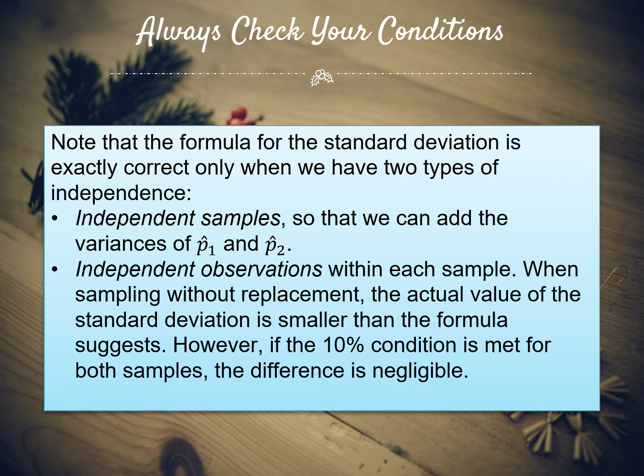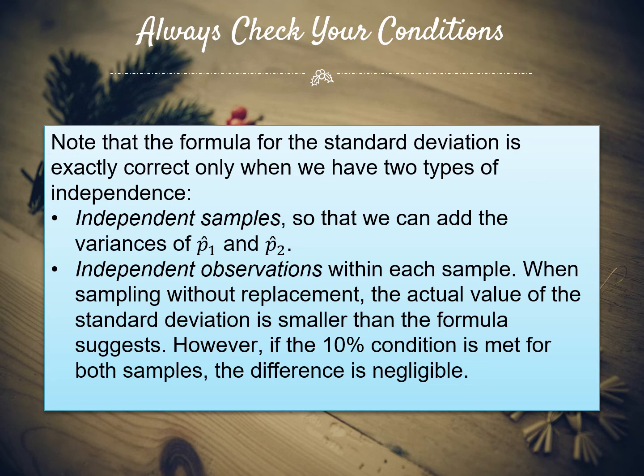And we need independent observations within each sample. When sampling without replacement, the actual value of the standard deviation is smaller than the formula suggests. However, if we meet the 10% condition, the difference is negligible. And that's why we do the 10%, so those proportions don't change. Because let's face it, we always sample without replacement.